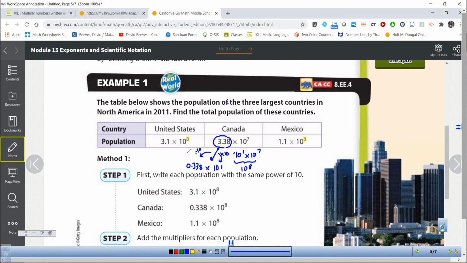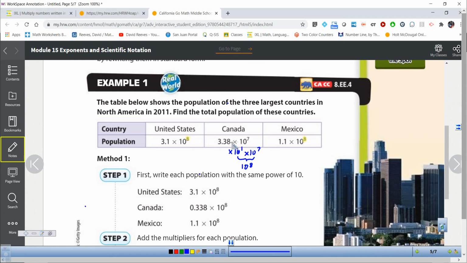All right, so let me explain that one more time because this is kind of tricky. What do we want? We want 10 to the 8th power, right? What do we have? We have 10 to the 7th power. So what do we need? We need 10 to the 1st power, right?